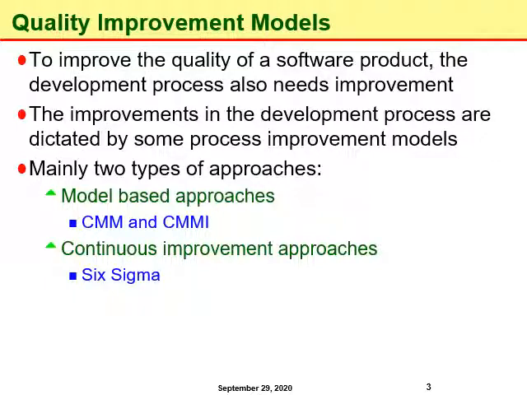In this lecture, we will confine our discussion to only the CMM, CMMI, and Six Sigma. We will have further discussion on process improvement when we will study the topics related to our course learning outcome number 4, that is software process improvement.